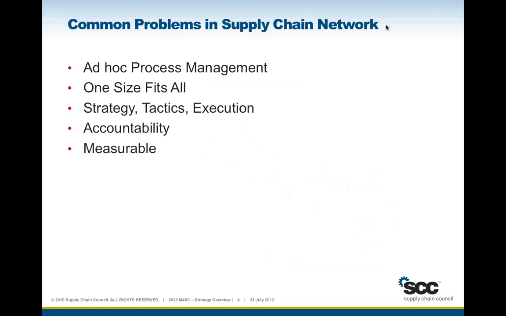The other problem that we see is that there's generally a problem that companies or management believe that there's a one-size-fits-all for processes, the network, the strategy, etc. And using M4SC helps companies rethink what is the level of differentiation that I need within the processes themselves.